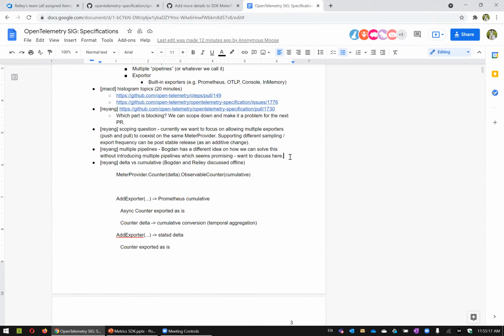Because, at least in my implementation, for most of the aggregators, the memory usage is really not the actual accumulation of the value. It really is just the expansion of the label set combinations. I haven't looked at Histogram, which probably has higher memory needs. But for the simple ones, like just either a delta or a cumulative or whatever those are, the memory doesn't seem to be an issue.